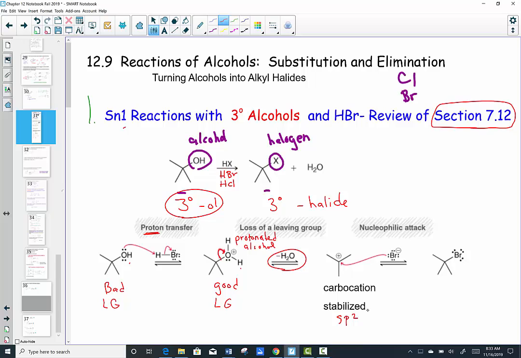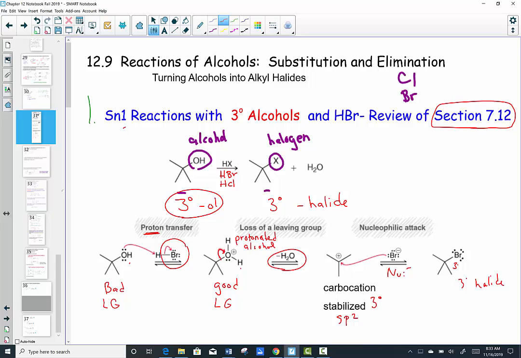We have the most stabilized carbocation form in that tertiary position. The bromide that was generated from the proton transfer then serves as the nucleophile and attaches on to create that nucleophilic substitution. So the nucleophilic attack creates a tertiary alkyl halide, and the mechanism is complete.